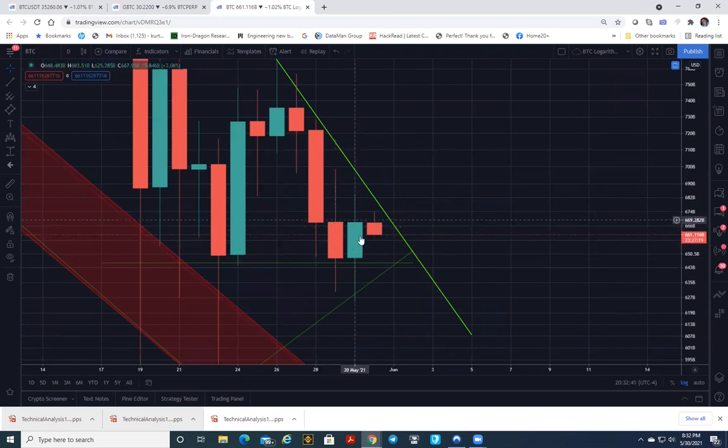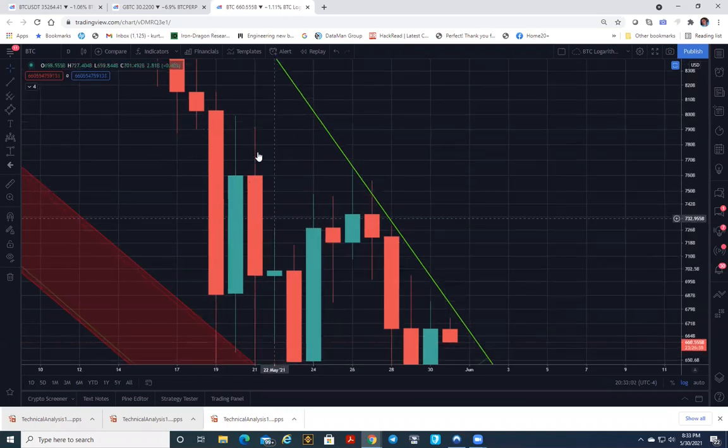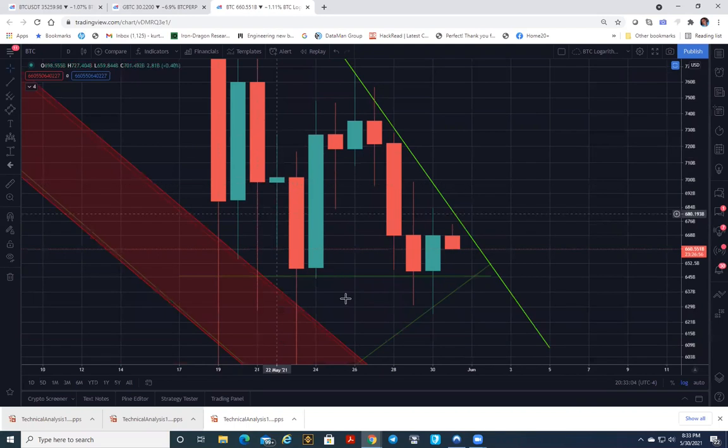This candle's kind of bullish, but it's not fully there. The body of this candle, if this was bigger than this candle, most likely it's bullish. So this one's bigger than that candle. It's not always the case, but if the candle runs shy of being bigger than the previous candle before, it could be bullish or bearish.